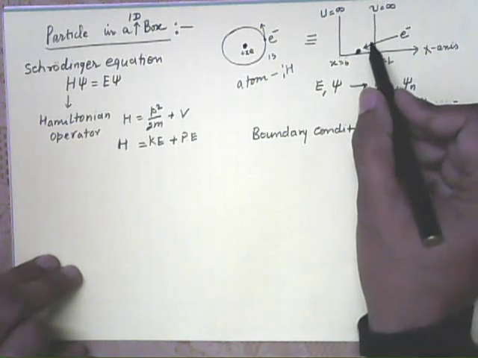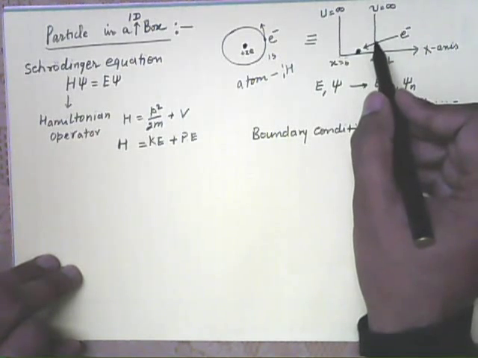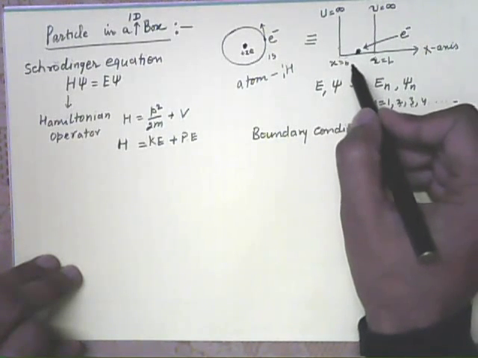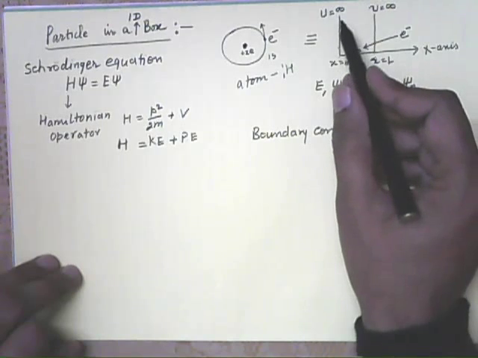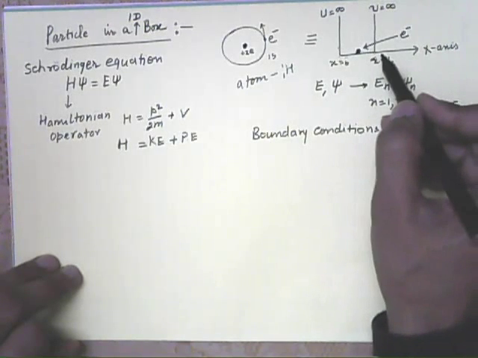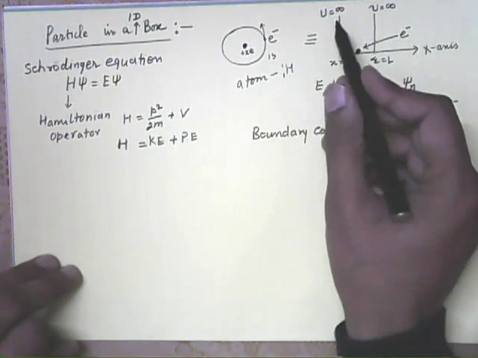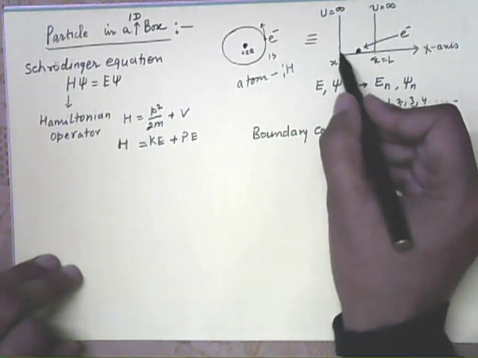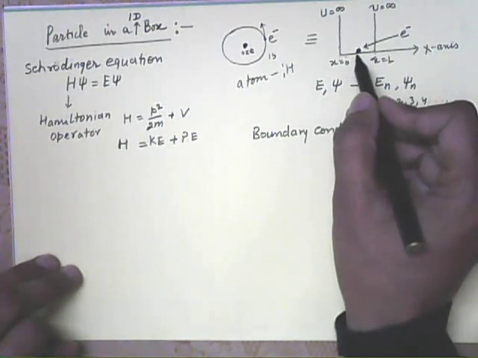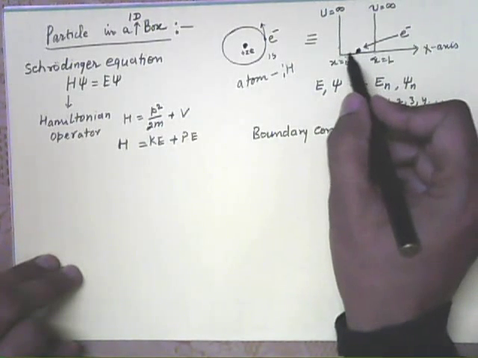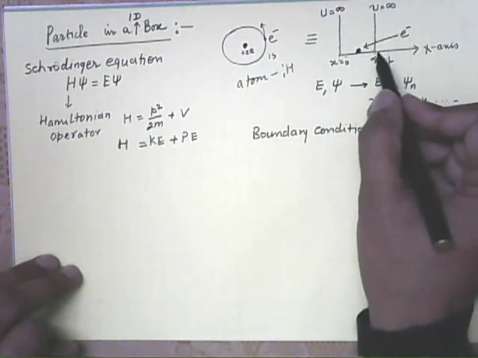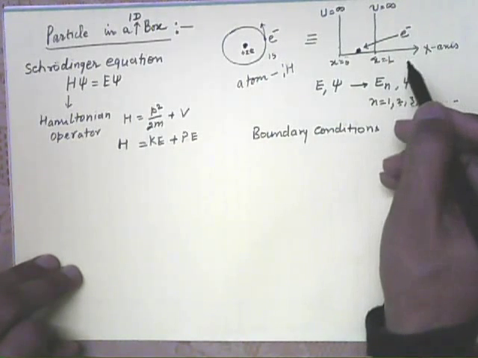So we know that the particle exists in between these two vertical lines. These vertical lines correspond to the potential barrier, and this is infinite. So there is no probability of finding this particle, the electron, at x equal to 0 and x equal to L.